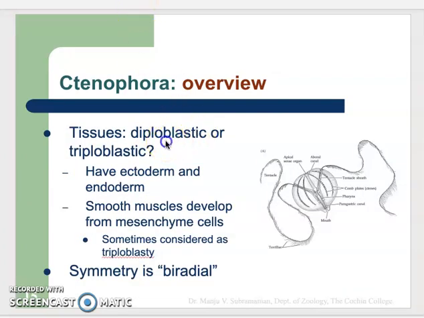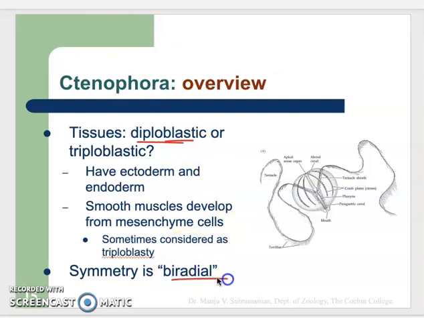They are diploblastic, but a so-called mesoglea is present. So in some papers you can see they are also called triploblastic.